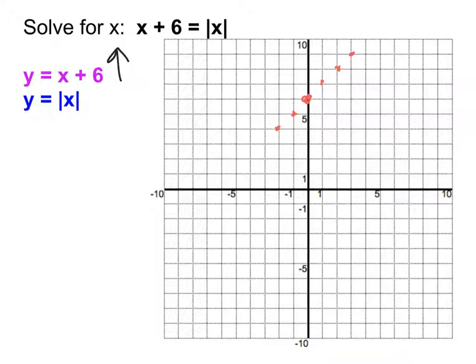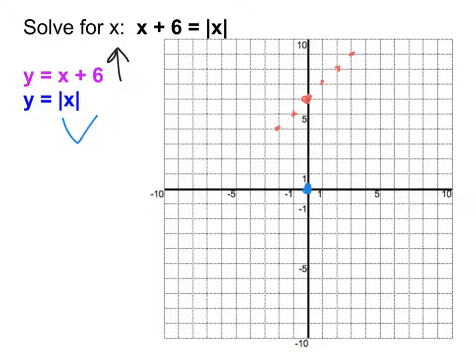And then once we've graphed that first one, then we can take a look at the second one, where we have y equals the absolute value of x. Now, anytime we see those absolute value bars, that tells us that the shape of our graph is going to be a V. Now, in this case, you notice there's nothing added or subtracted. And since there's nothing added or subtracted, we know then we're starting at 0, because it's not been moved up, down, left, or right.